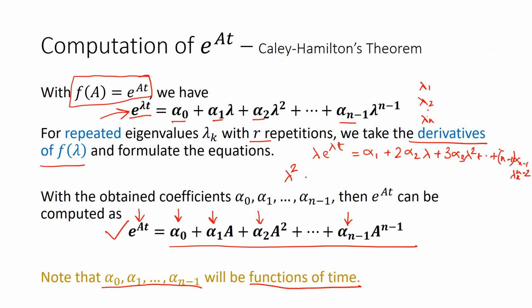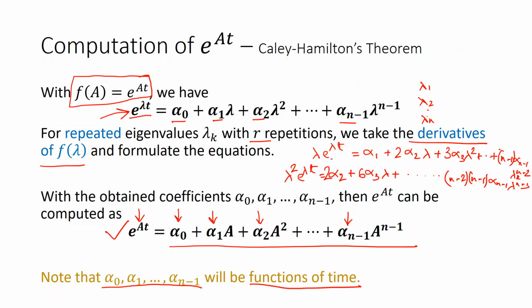You have to take lambda square e to the power of lambda t equals alpha 2 plus 6 alpha 3 lambda plus, like this you have to do. You will have here n minus 2 times n minus 1 alpha n minus 1 lambda n minus 3. So you will get these equations.